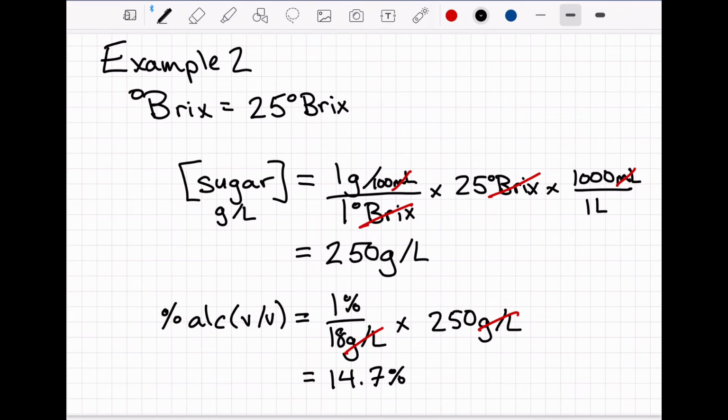So when we had 20 degrees Brix, we had about 11.8% alcohol. We upped that by 5 Brix, and we've got an additional couple of percentage points of alcohol.